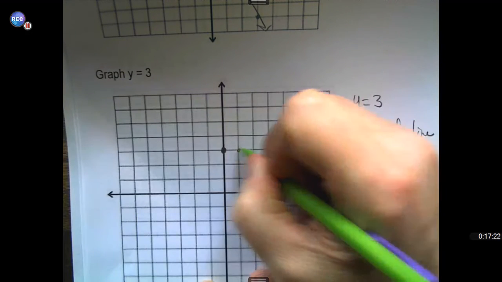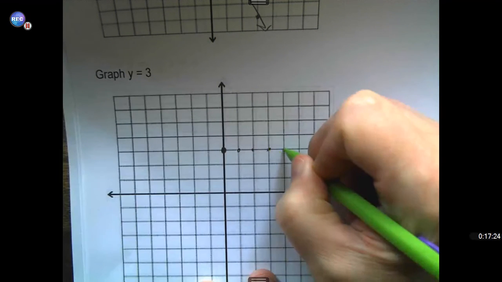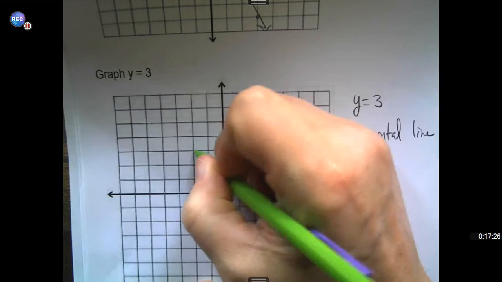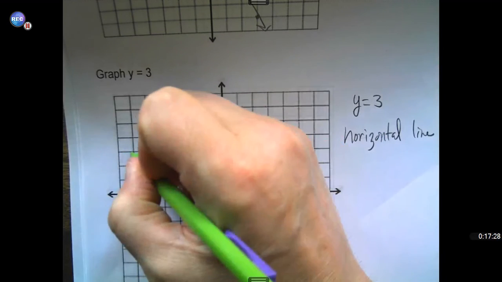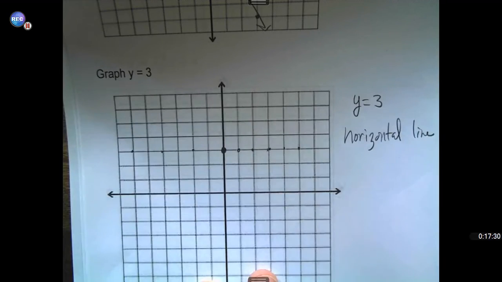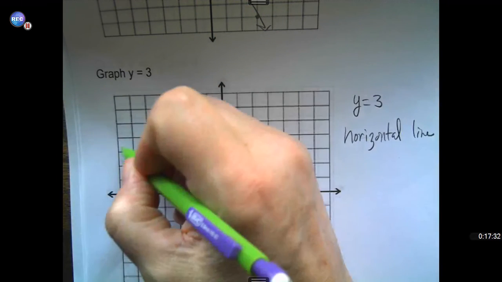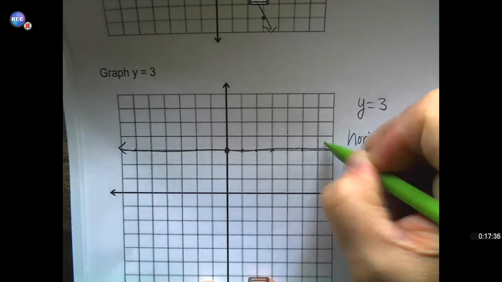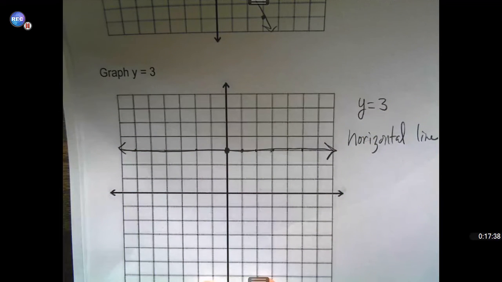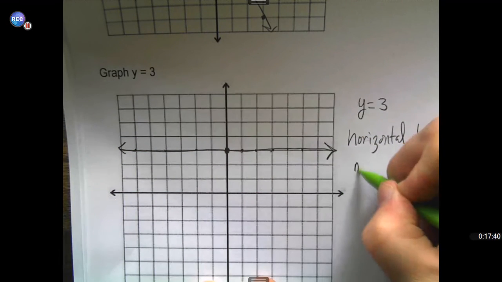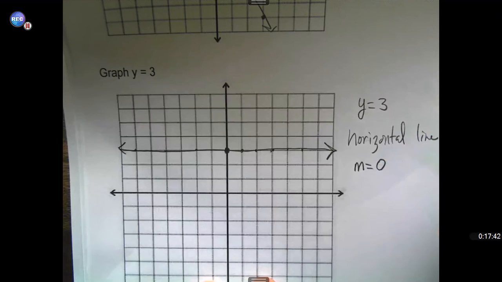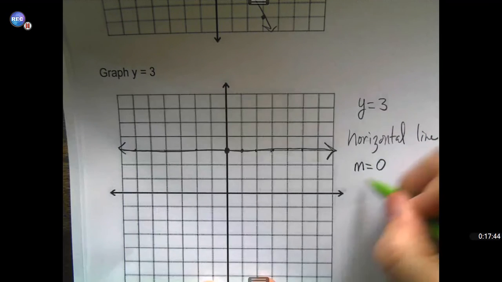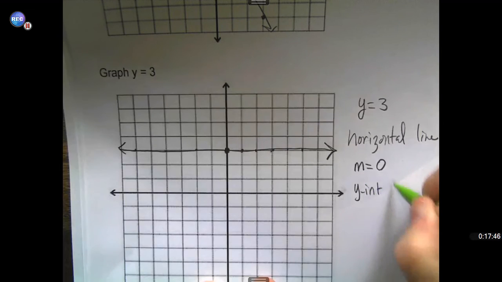Y equals 3 everywhere along here. Okay? And everywhere along here this way. Alright? So y equals 3 is this horizontal line through 3 on the y-axis. That's its graph. The slope of that horizontal line is 0. The y-intercept of that horizontal line is 0, 3. That's where it crosses the y-axis.